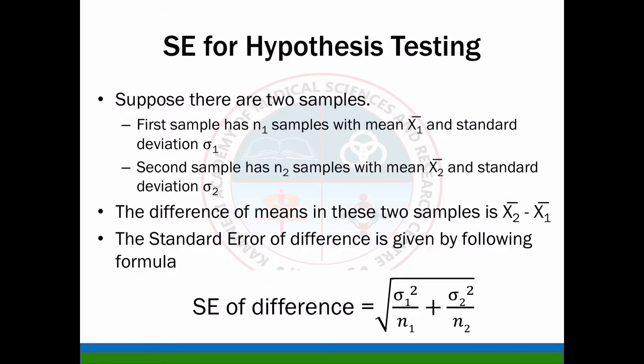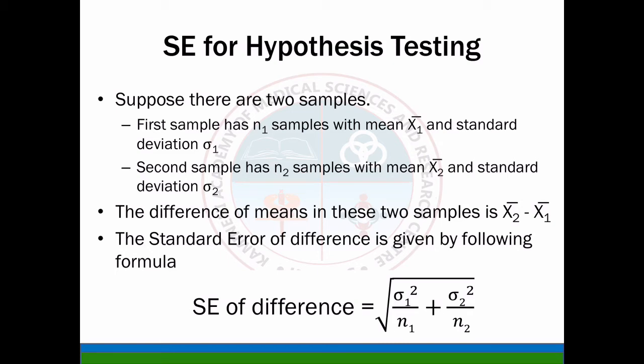So how do we use standard error for hypothesis testing? Suppose there are two samples. The first sample has n1 samples with mean x1 bar and standard deviation sigma 1. The second sample has n2 samples with mean x2 bar and standard deviation sigma 2.